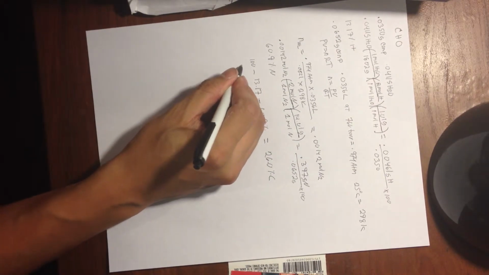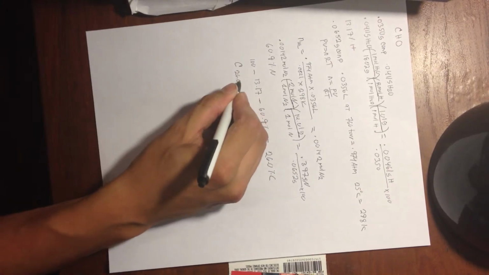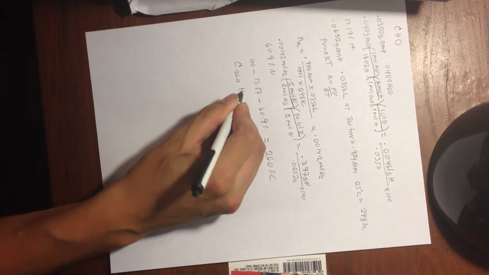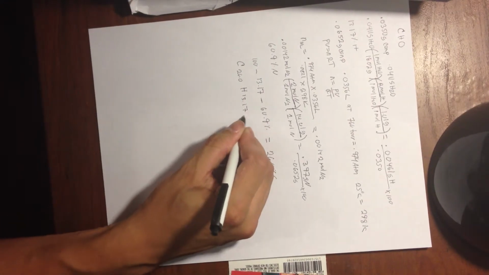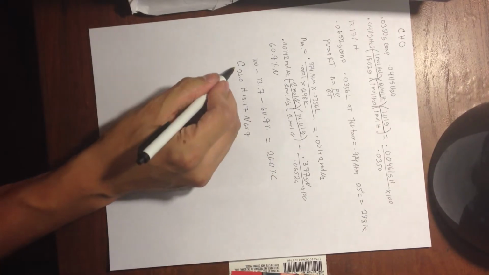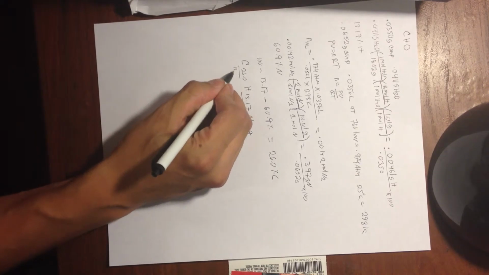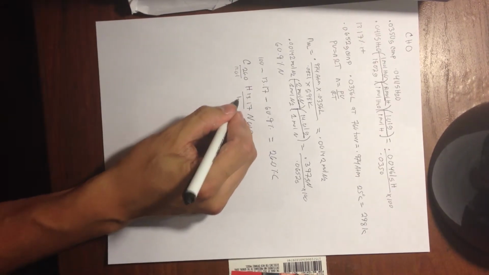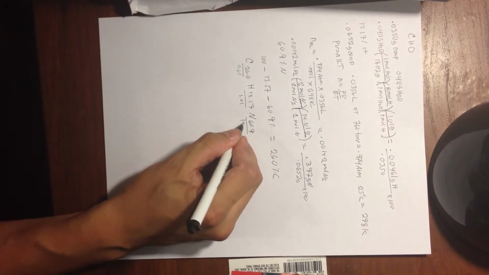So we have carbon, which has 26.0. Hydrogen was 13.17. And nitrogen is 60.9. So we're going to divide each of these by their mass. So carbon is 12.01, hydrogen was 1.01, and nitrogen is 14.01.